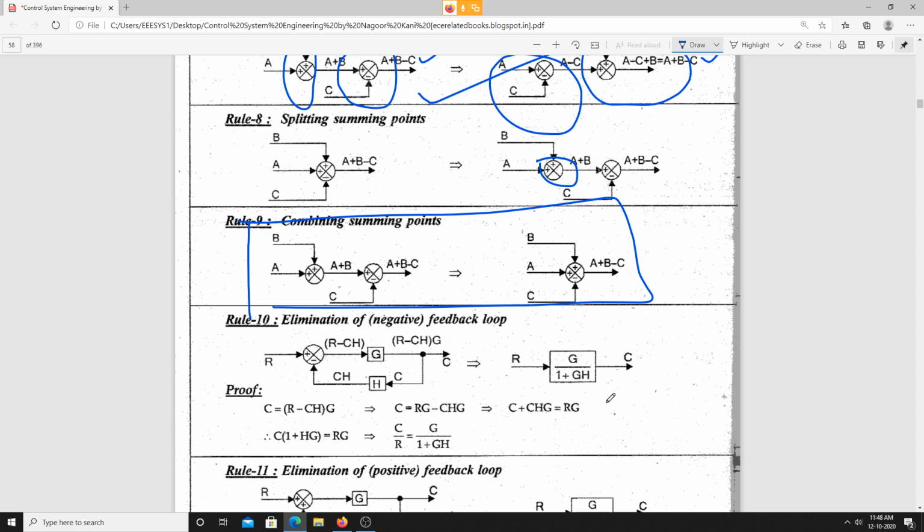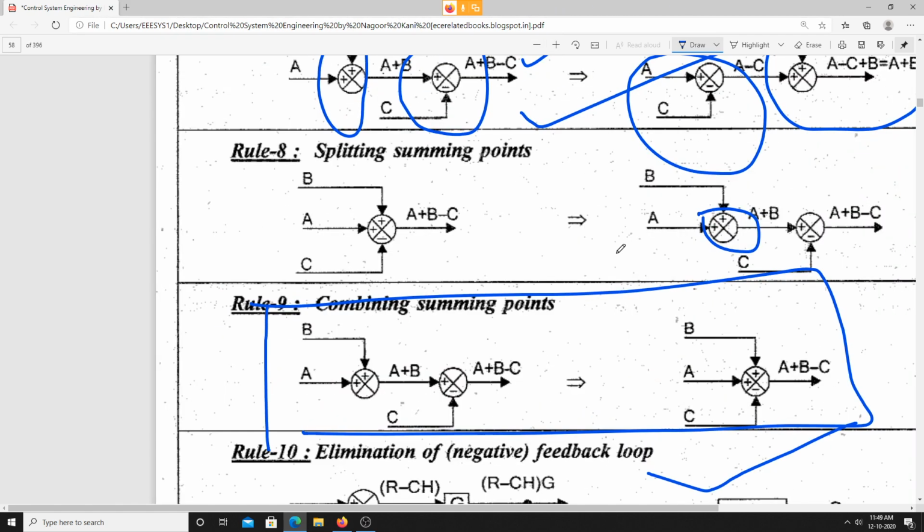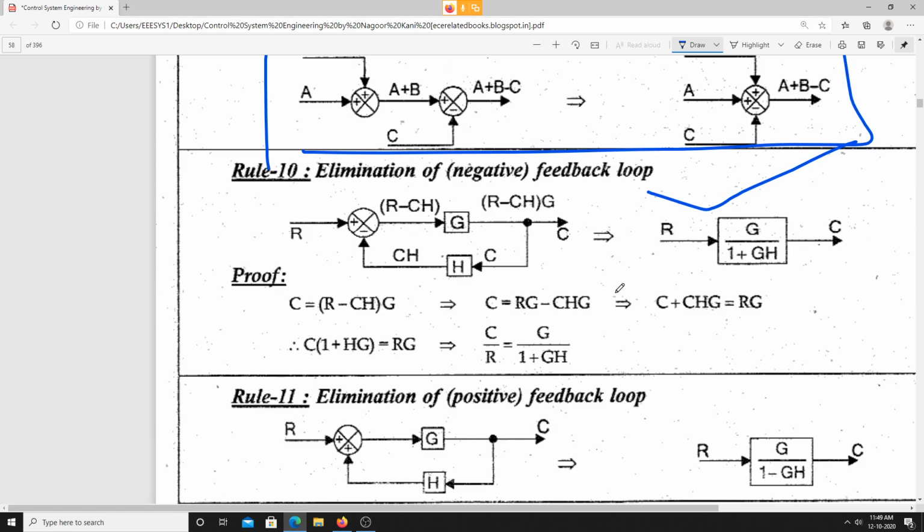Now, elimination of negative feedback loop. We are supposed to eliminate this negative feedback loop. So this is the final reduced system, the block diagram that we have. So how are we eliminating this one?